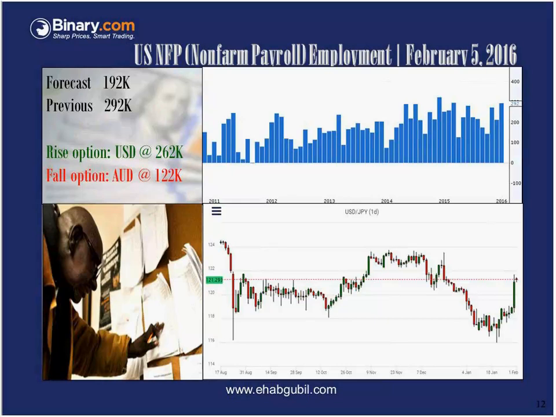And always remember, if we don't get the deviation number, so if we get 5% as an unemployment rate and a number between 122,000 and 262,000, I expect the dollar to follow the pre-release trend.